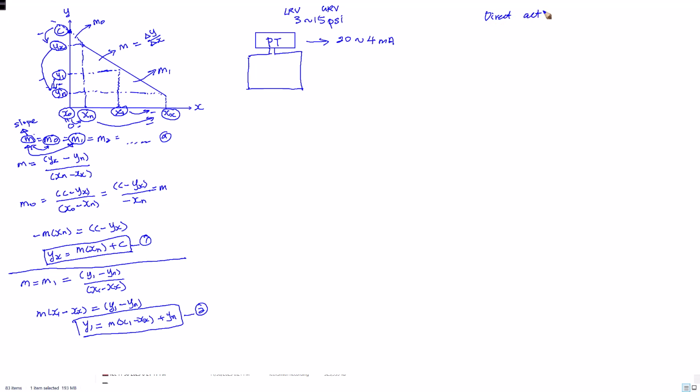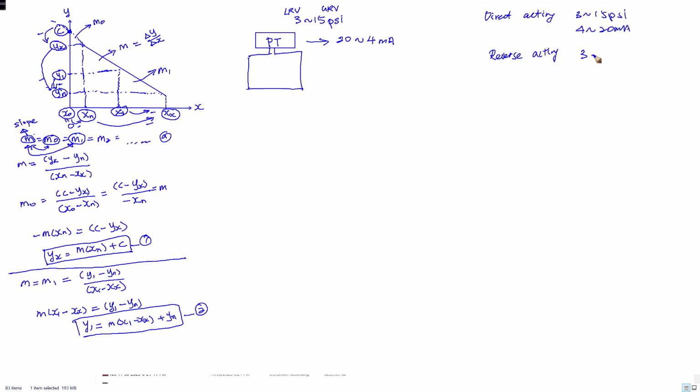As for the direct acting instrument, the signal will be configured in such a way that 3 to 15 psi corresponds to 4 to 20 milliamp. That means 3 psi corresponds to 4 milliamp, while 15 psi corresponds to 20 milliamp. For a reverse acting instrument, it will be configured the reverse way.